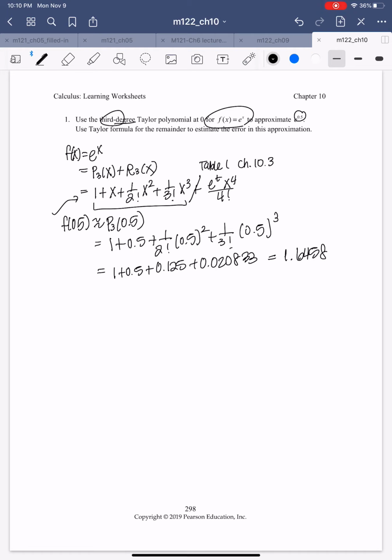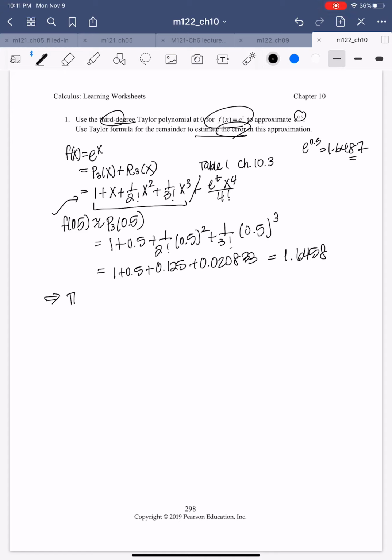So you can see we are a little bit off. We got 1.645. We were 2 decimal places accurate, and then in the 3rd decimal place, we got 5 instead of 8. So there's some error. Now, let's estimate that error.